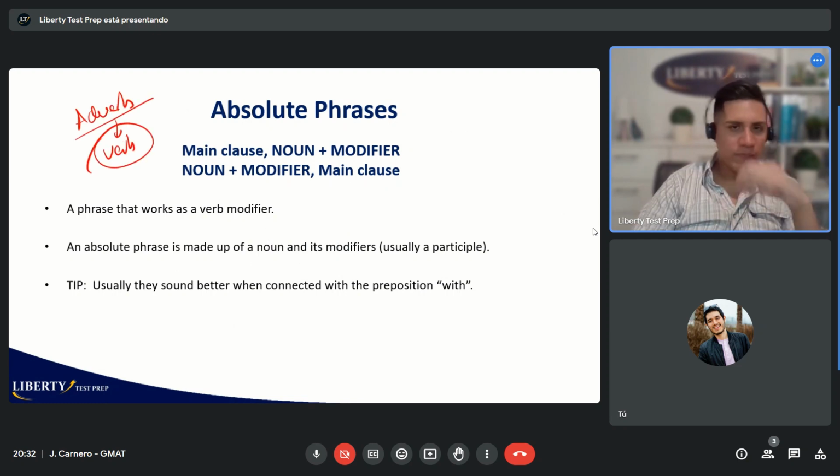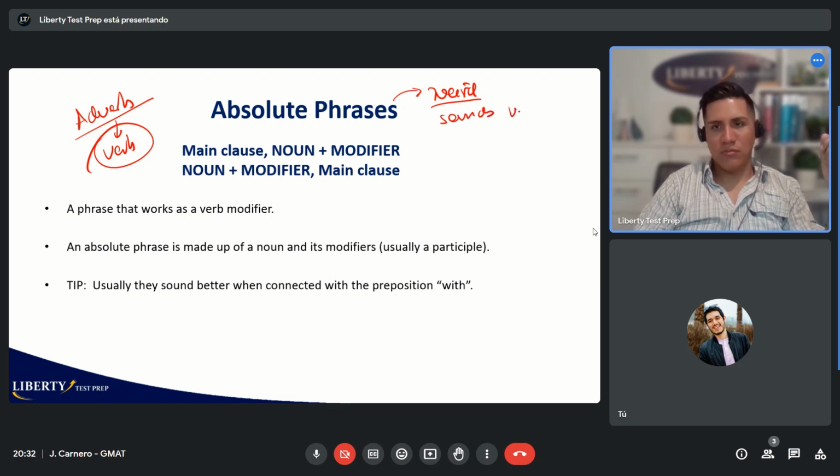The peculiarity about the absolute phrase is that it usually sounds very weird, even wrong. That's why most people can't really pick it. So, what makes up an absolute phrase? Two things: a noun and a noun modifier.